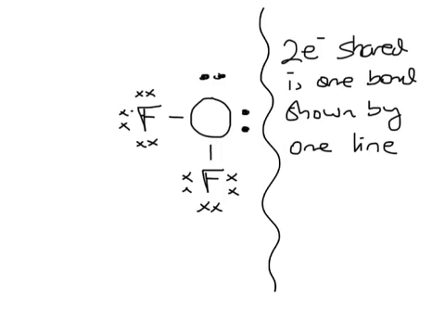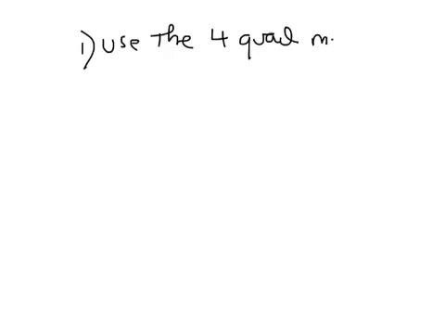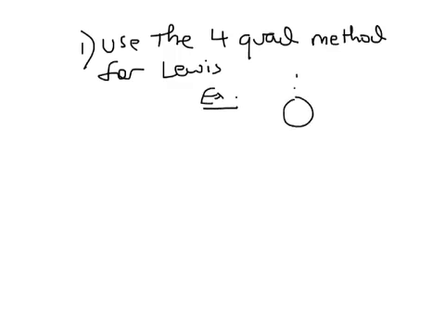All right. Again, let me summarize what we covered here. It's very important. 1, use the 4-quad method for Lewis structures. Remember, an example, that's oxygen.